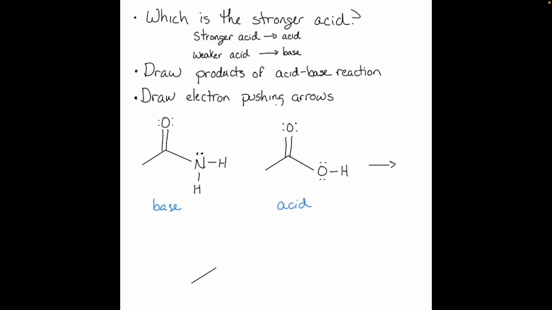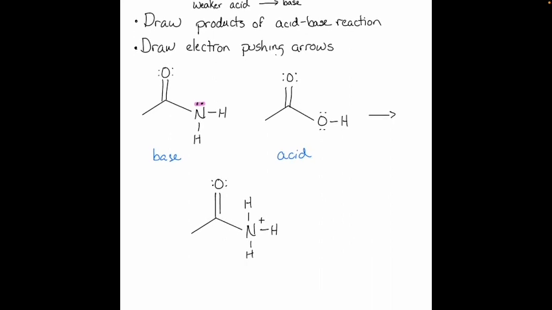My conjugate acid is when I take my base and add a hydrogen. So now I'm going to replace this lone pair on my nitrogen with a new nitrogen-hydrogen bond, and increase that formal charge.